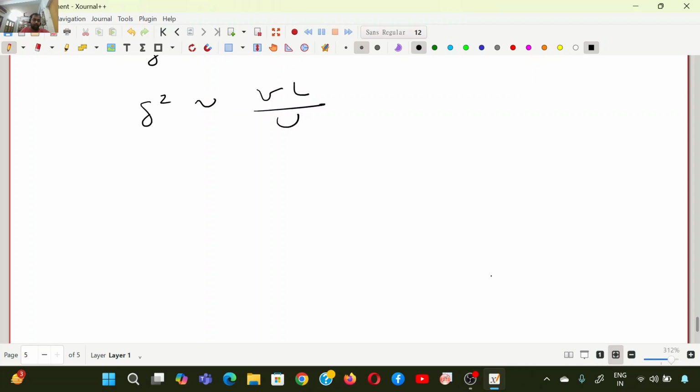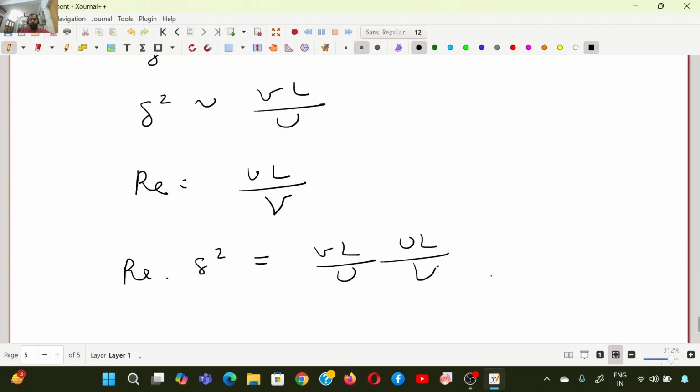But we already know that Reynolds number is u L by nu. So multiply both sides. You get Reynolds number into delta square is equal to u L by u. This gets cancelled, this gets cancelled. You just have L square.